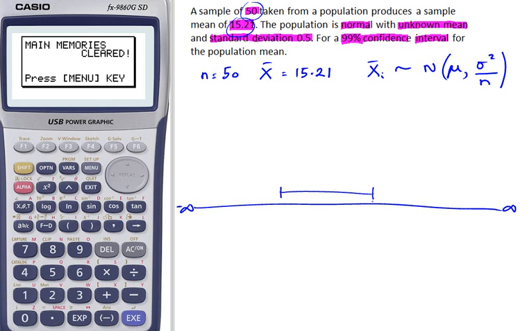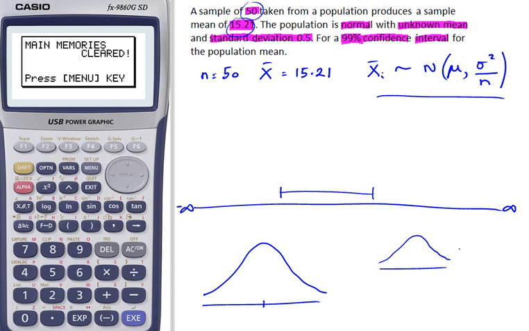Now you might be thinking, well, how? I'll explain that by using the distribution. We know from this that that's what the distribution will look like. It will be normal, and it will have the same mean as the parent distribution. We also know, of course, that we can standardize from our z-variate.